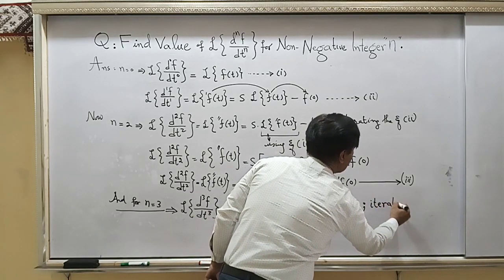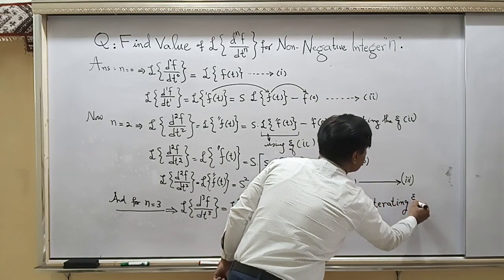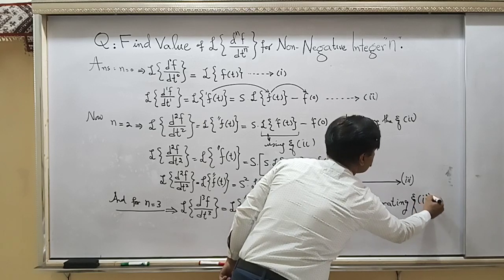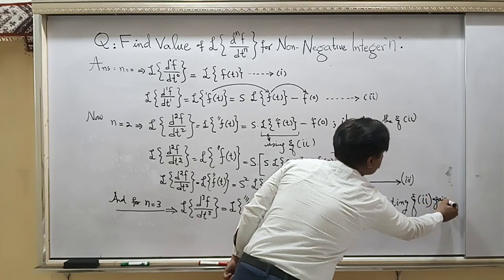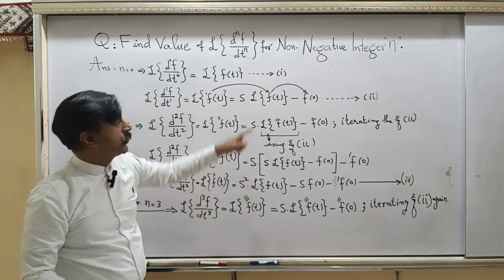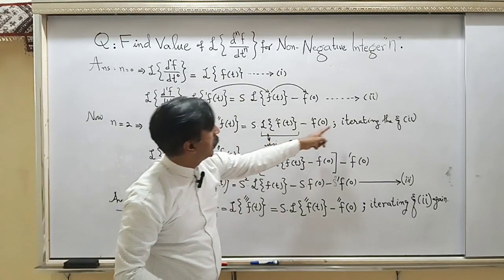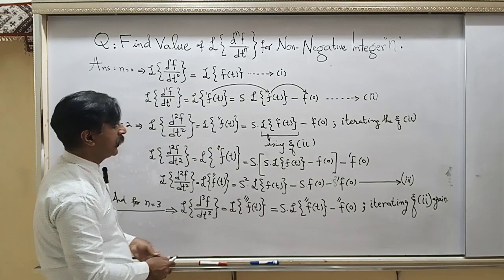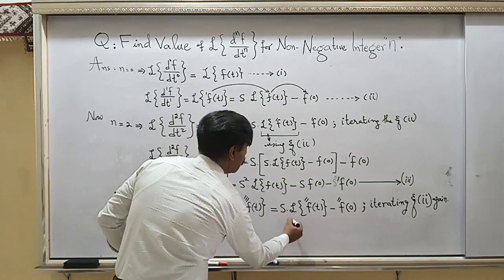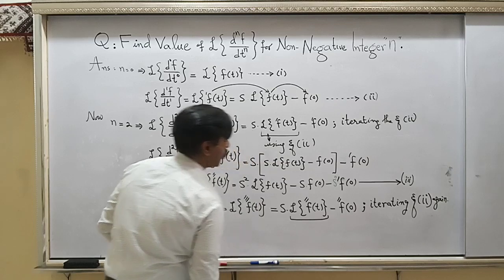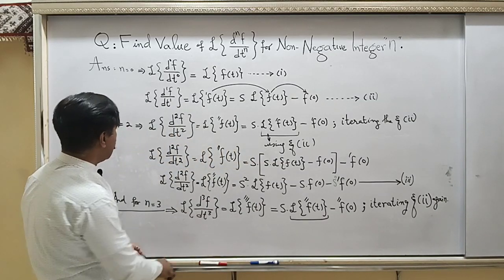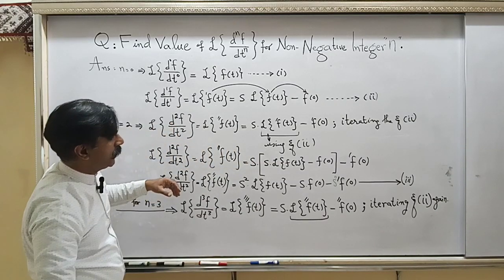Please mention iterating equation 2 again. We have done this iteration of equation 2 twice, one earlier and one time here. Now, this is L of f double prime, meaning the Laplace transform of the double prime, and we have found it already in equation number 3.